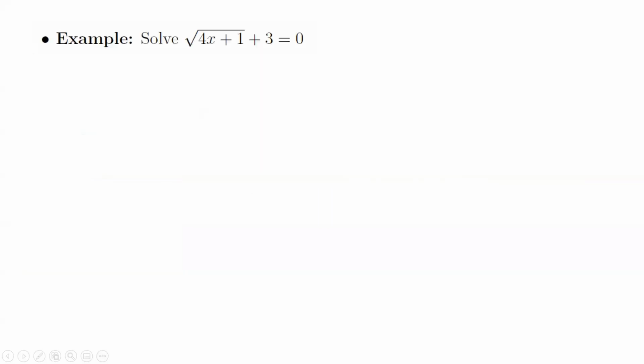Looking at this next example, we can see that the radical is not by itself on the left side. So we want to start by subtracting 3 from both sides. Now I want us to stop for a moment and look at what this is saying.